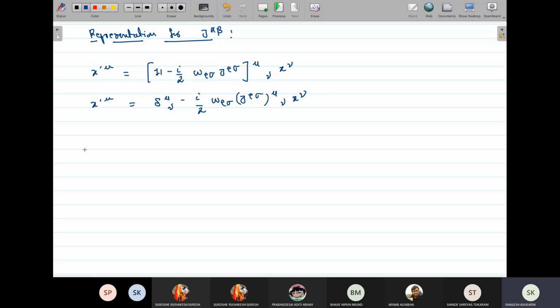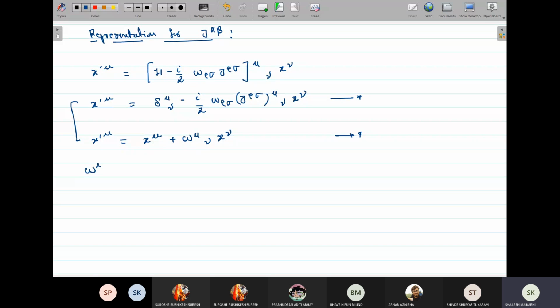But on the other hand, your x prime mu, for the infinitesimal case, remember our first equation, will be x mu plus omega mu nu x nu. So you compare these; they are basically the same.